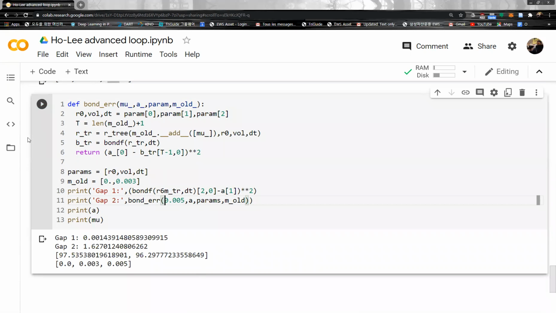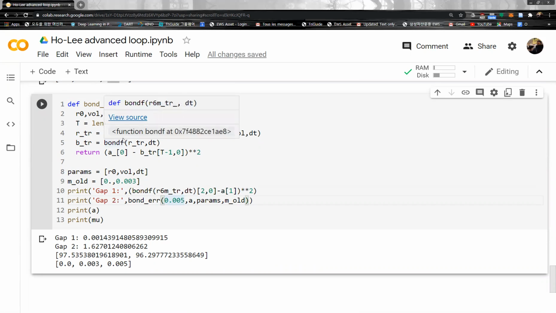Yes, here now gap 2 is this one, 0.005, and then here 6 t equals 3, 2, 0, and then bond error, this one, and then t length.